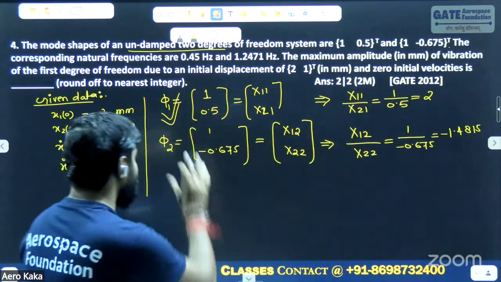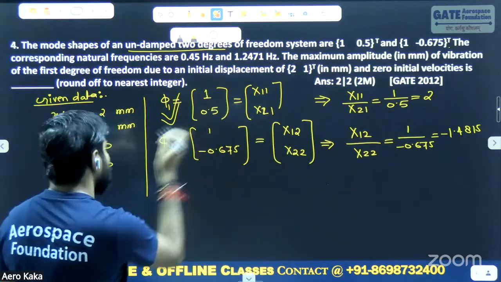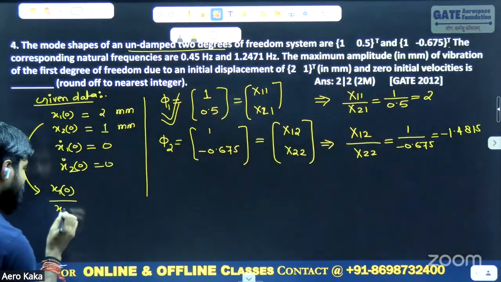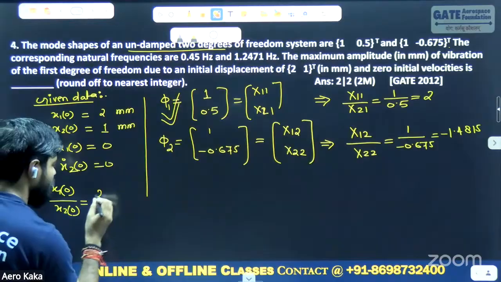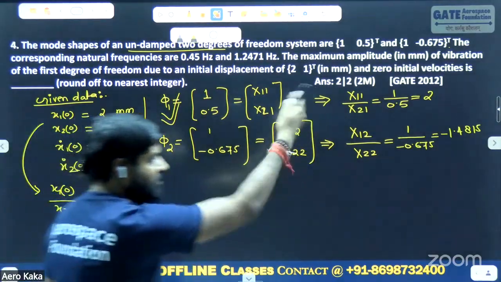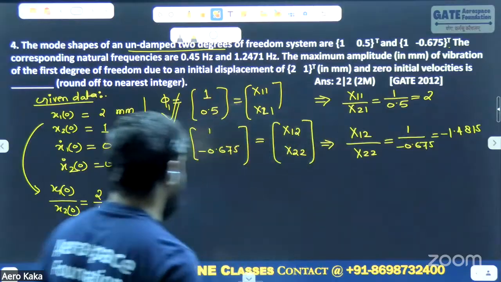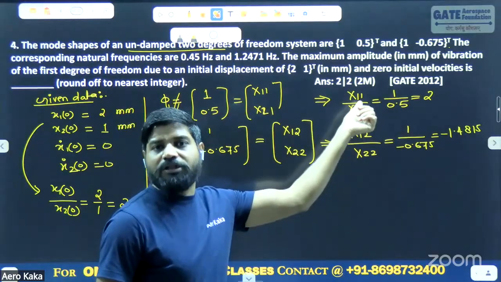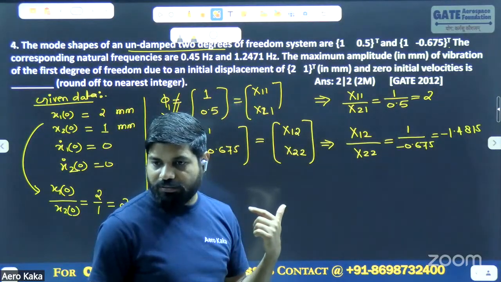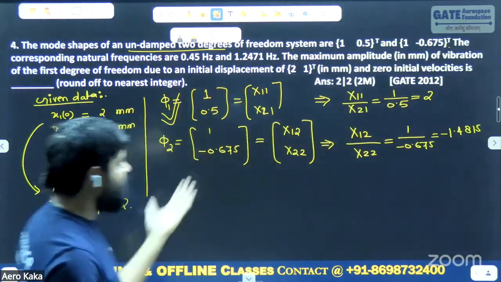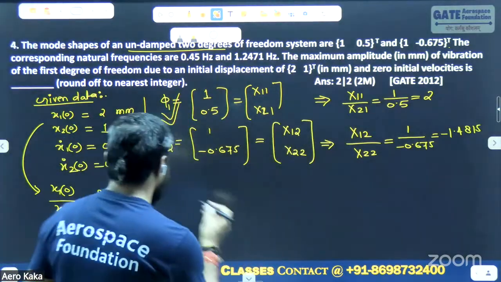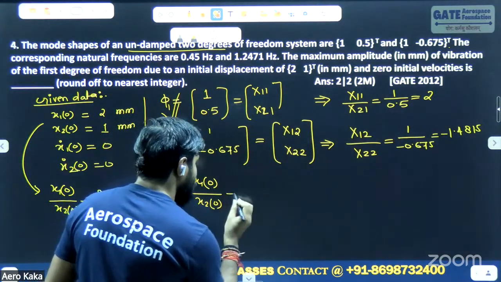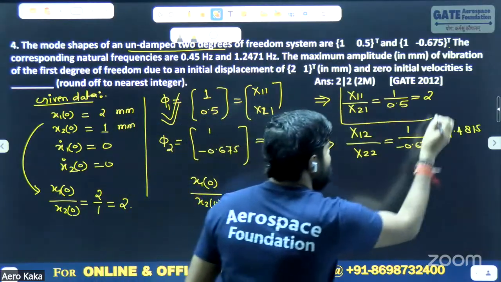Now, once you get this, just take the initial displacement ratio. From here, what can you write? x10 divided by x20 is going to be 2 by 1, which is nothing but 2. Just compare this with the mode ratios, first mode ratio and second mode ratio. Which one is going to match, second or first? Here we are getting x10 upon x20 equal to 2.